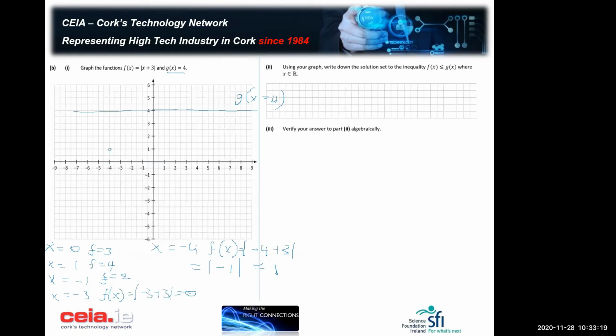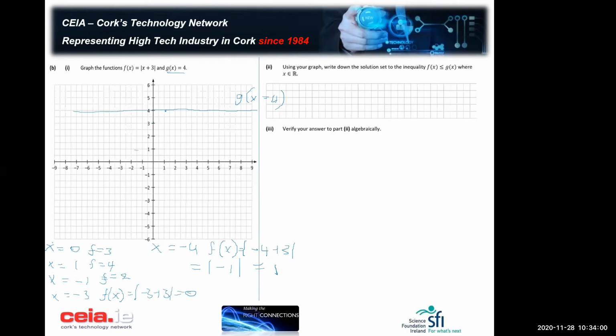So we'll go back and plot the rest of them. When x is equal to 0, f is equal to 3, where it crosses the y-axis. When x is equal to 1, f is equal to 4. I'm working on PowerPoint annotation this morning, and I usually work on a whiteboard, but I thought it'd be easier to follow on PowerPoint.